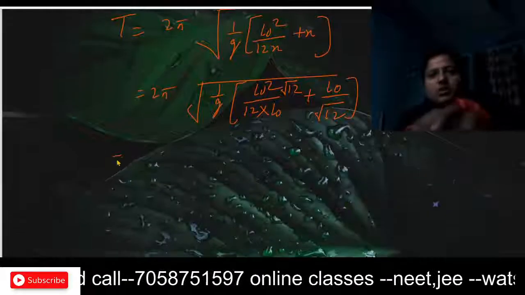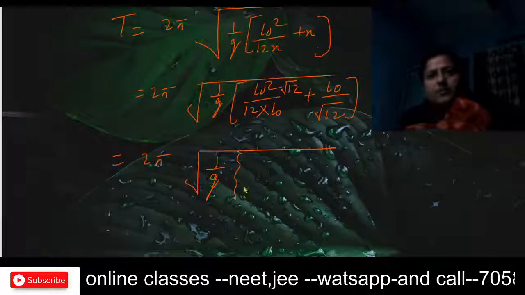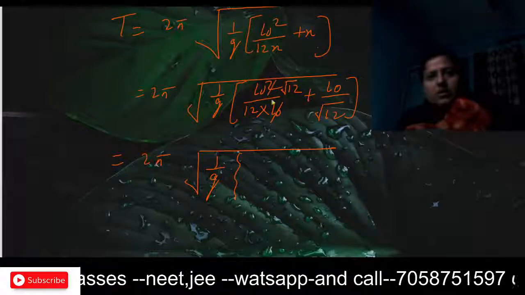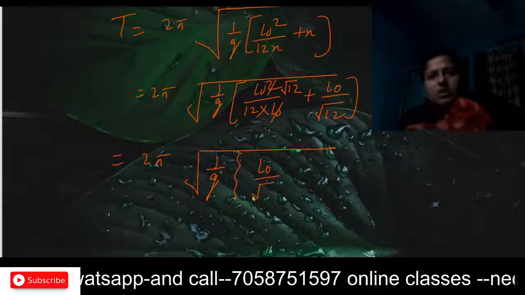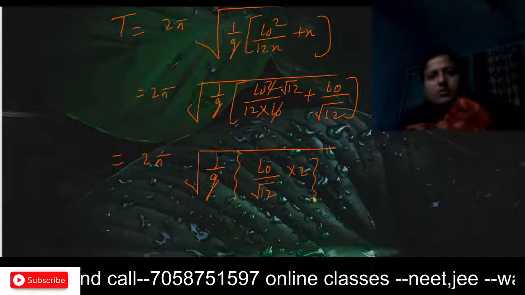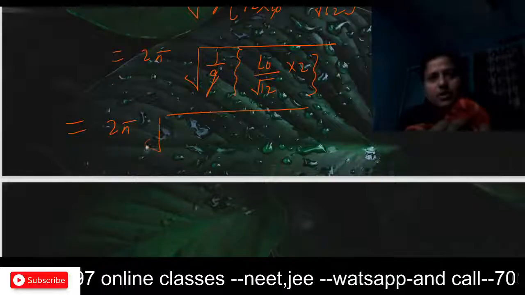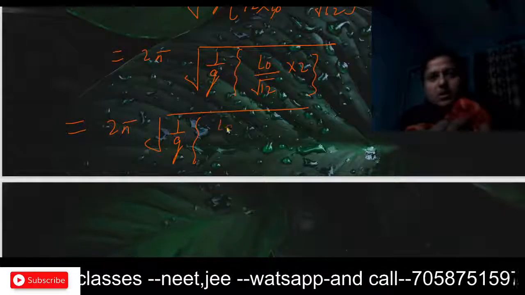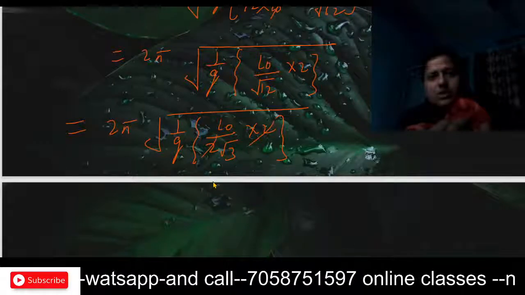So what is the time period? Time period is 2 pi under root 1 over g, and L0 gets cancelled. So L0 over root 12 multiplied by 2, that is L0 over 2 root 3 multiplied by 2. So 2 gets cancelled.